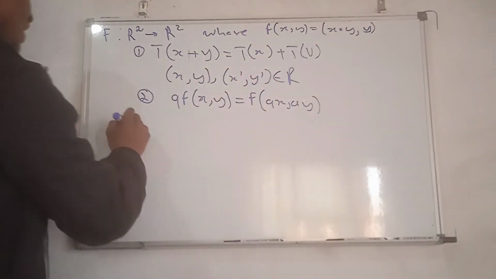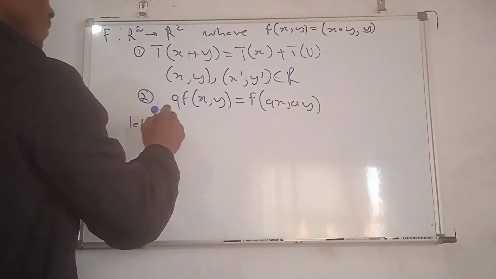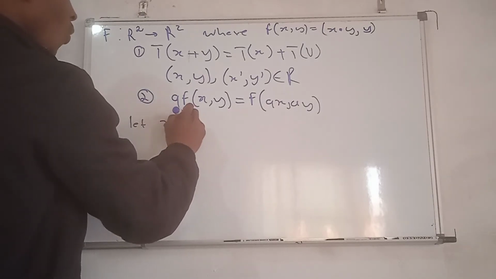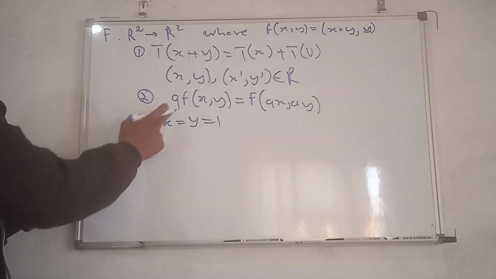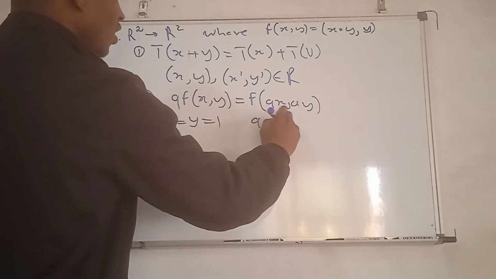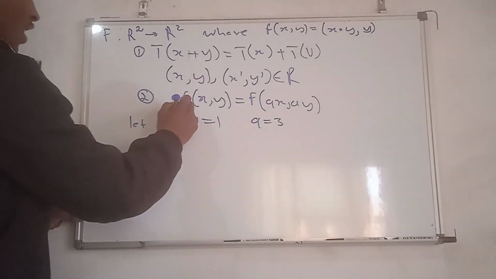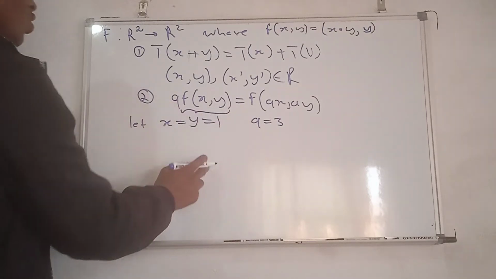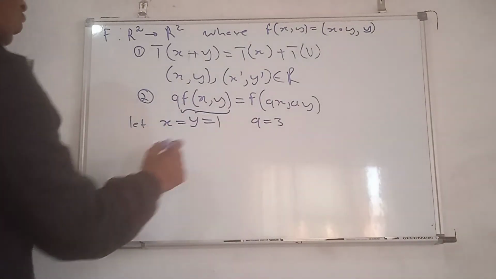So I can just let x equal y, and then say they both equal 1. But what is this scalar? This scalar I can just assign to 3. So I'm going to take this part of the equation. As we say, this part equals that part. What is my scalar?